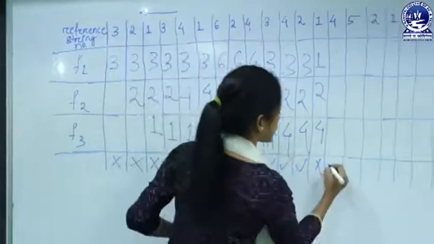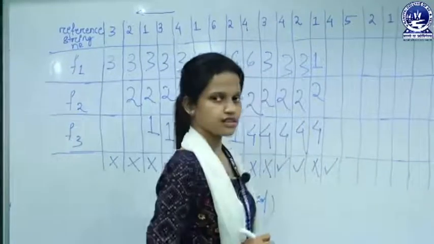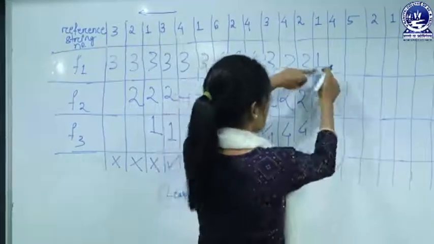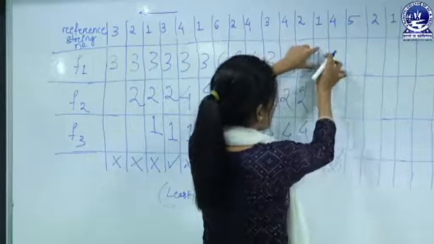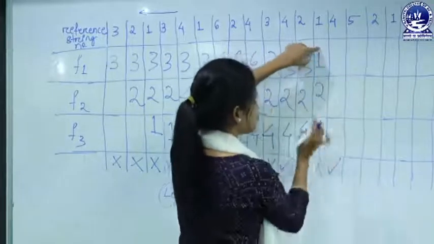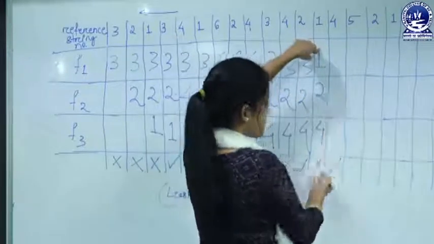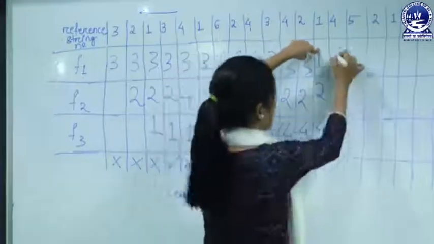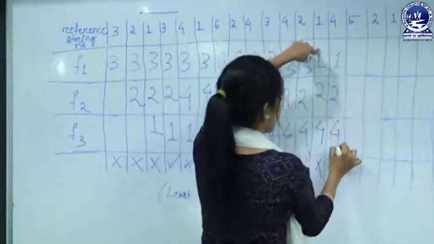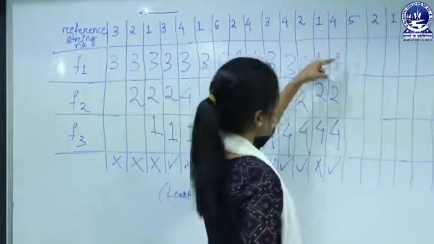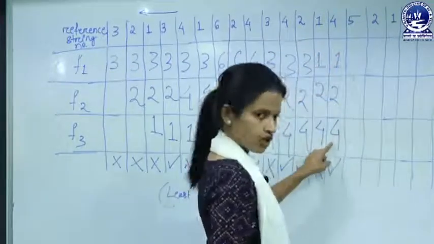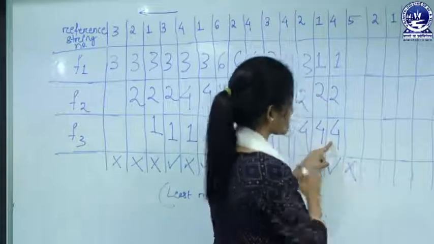So 4 is there, so there is a hit. Now in the place of this 1, 2, 4, no pages are to be replaced because there is no page fault. So 1, 2, 4. Now 5 is not there in the main memory, so there is a miss.